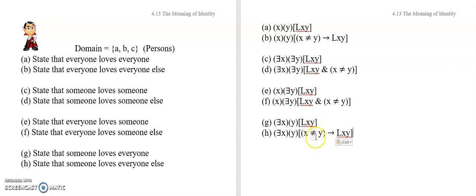For all these pairs, provided they're not identical, x loves y. That's the way to think about this. There exists an x for every y such that if they're not identical, x loves y. That's what you want to say there.